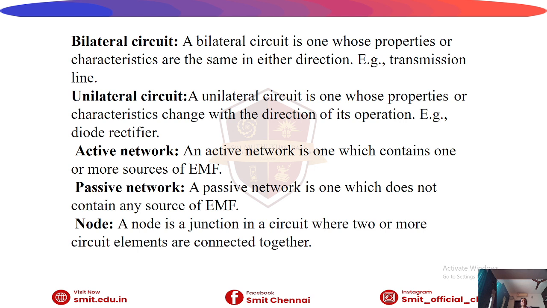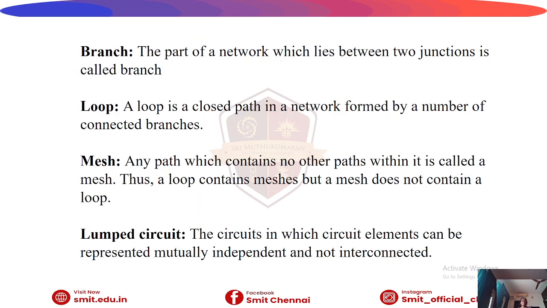Next, node. A node is a junction in a circuit where two or more elements are connected together. Branch. A branch is a part of a network which lies between two junctions. Loop. A loop is a closed path in a network formed by a number of connected branches. Next, mesh.